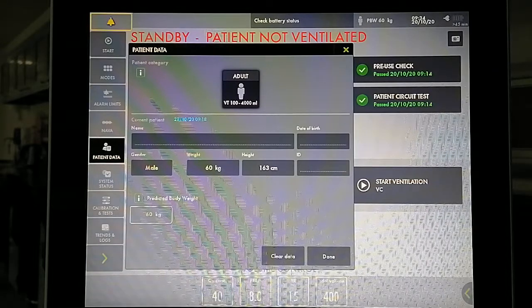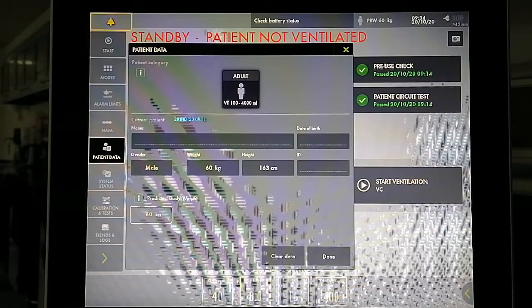But in the case of ARDS patients, or those who by PF ratio have ARDS, we can set our target tidal volume based on the predicted body weight at the lower range, usually 4 to 6 ml per kg.